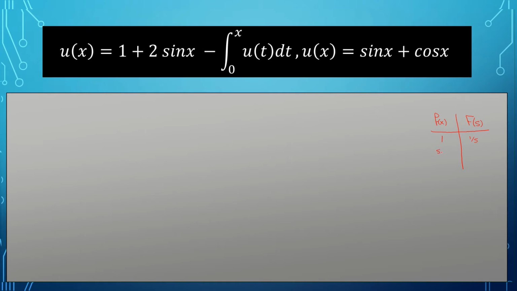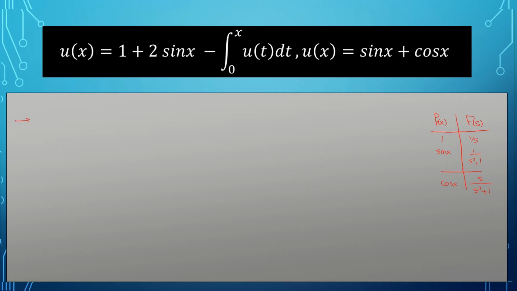If it is sine x, then its transformed form is 1 over s squared plus 1. What if it is cosine x? Then it is transformed to s over s squared plus 1.